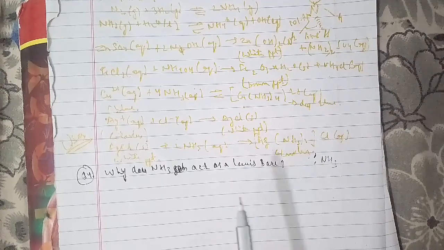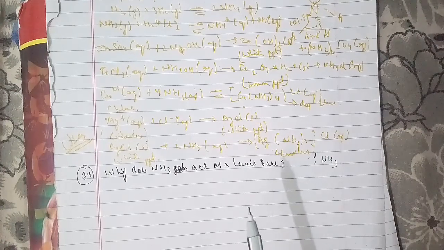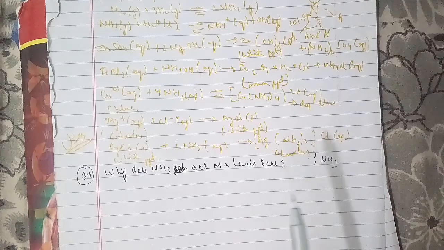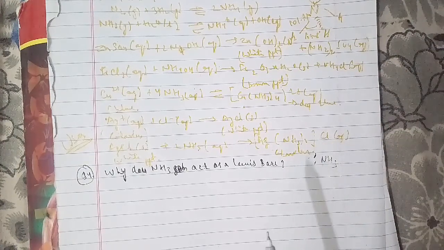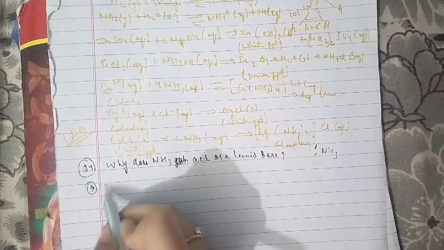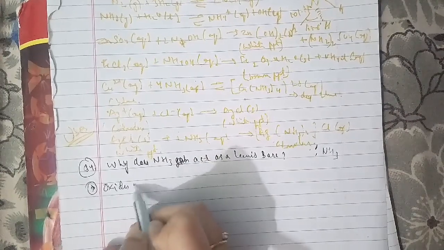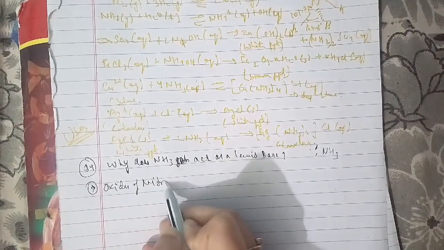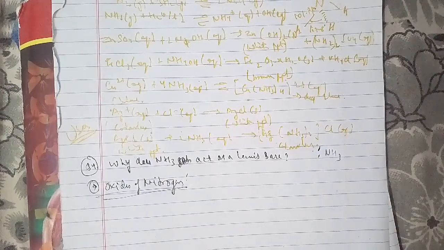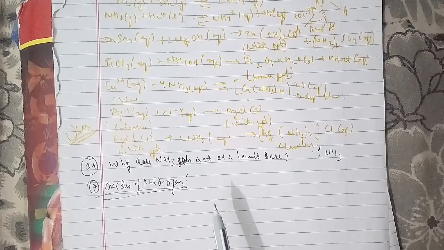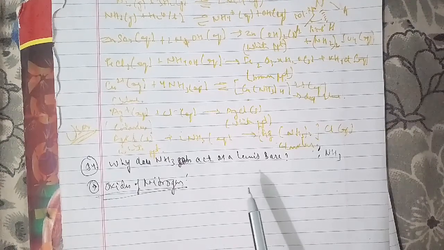So here we go ahead with the details. The first we have is dinitrogen oxide, known as nitrogen 1 oxide. The formula is N2O. Oxidation state of nitrogen is +1.